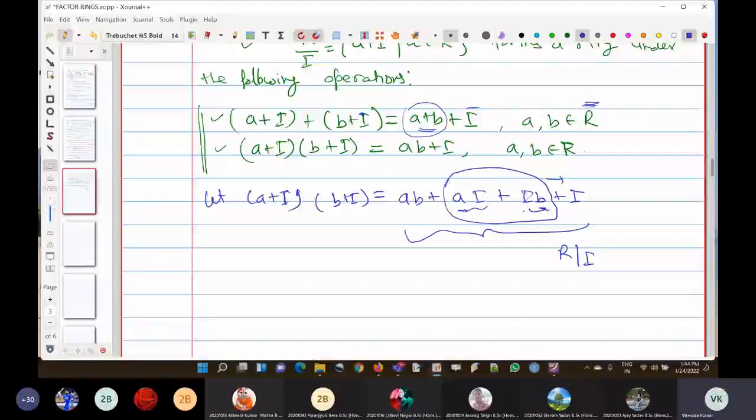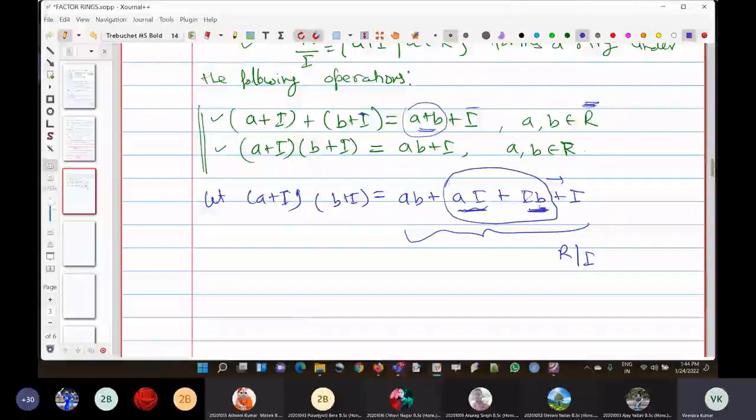And this happens in case I is an ideal. If it is a left ideal, only this will belong to I, and if it is a right ideal, then only the other. If it is a left as well as a right ideal, then in that case AI and IB both will be members of this ideal, and therefore their sum also will be fine.